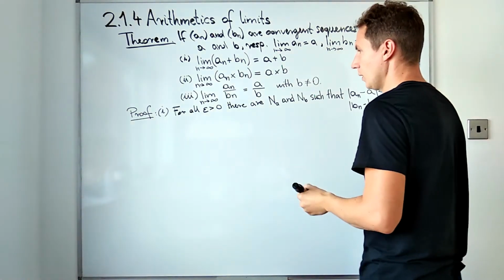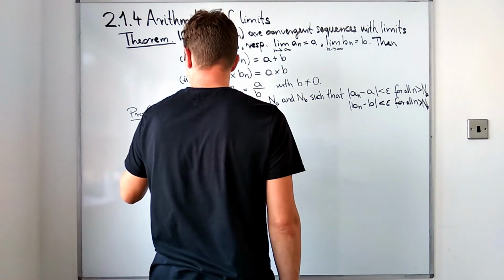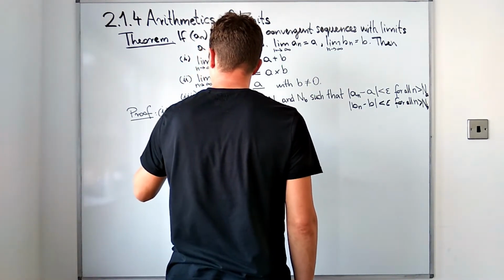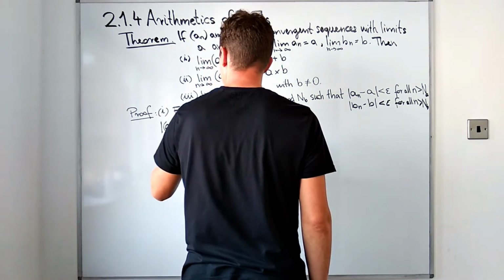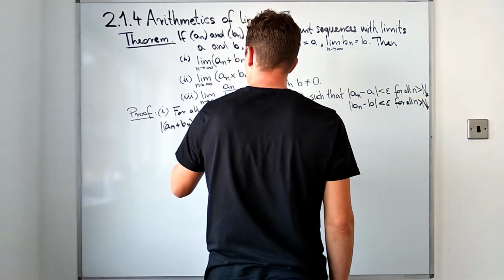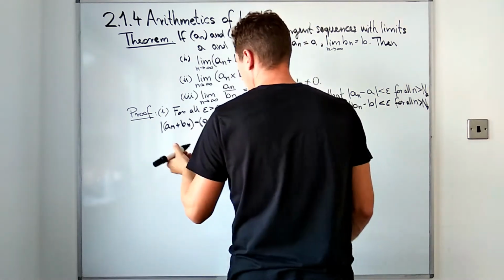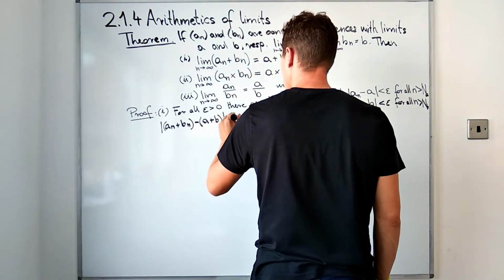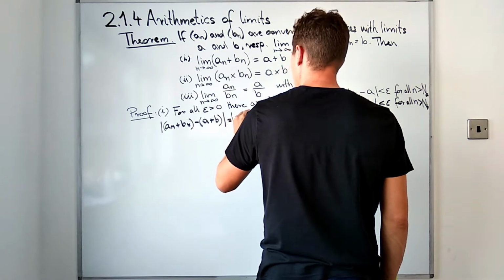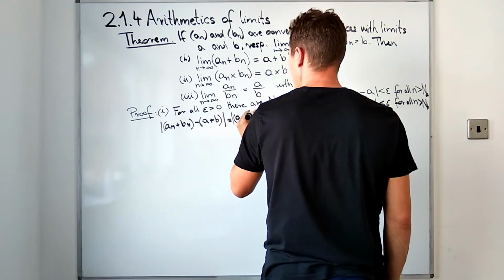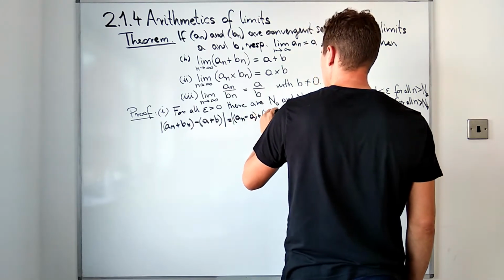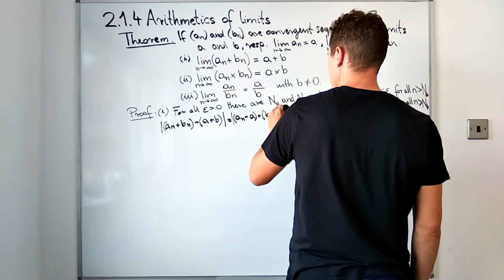Okay, so what we can do now is to look at the distance of an plus bn and a plus b, and what we can do here is to group the terms in a different way, so that we have an minus a plus bn minus b as our two terms in the absolute value.